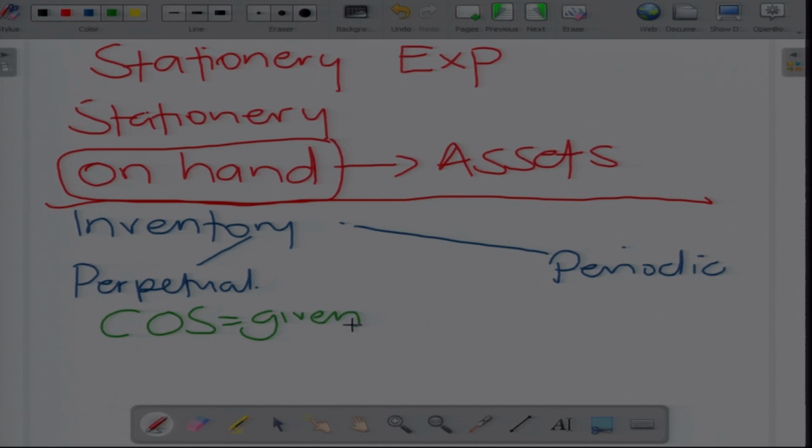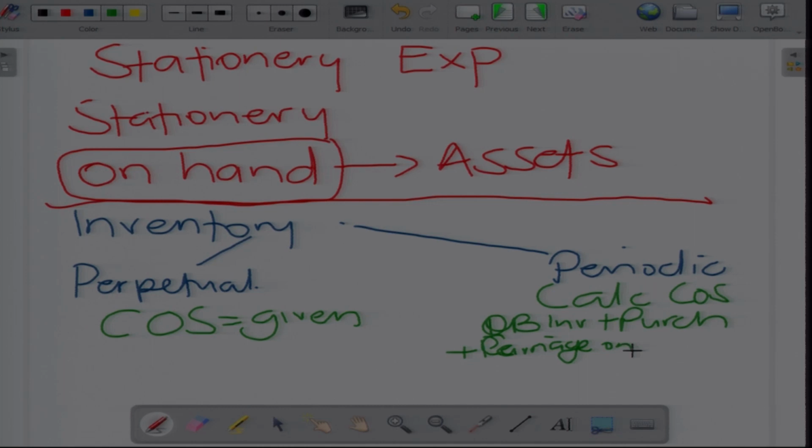But with periodic, you need to calculate the cost of sales. How do you do that? Opening balance inventory plus purchases plus carriage on purchases, meaning it's transport on purchases, minus purchase returns, minus closing balance inventory. Right.